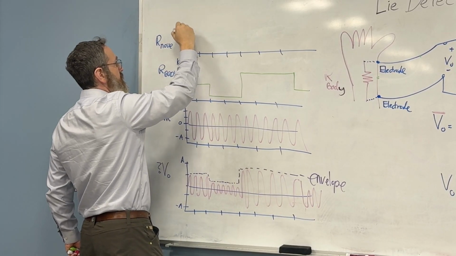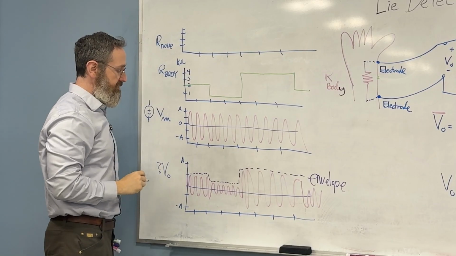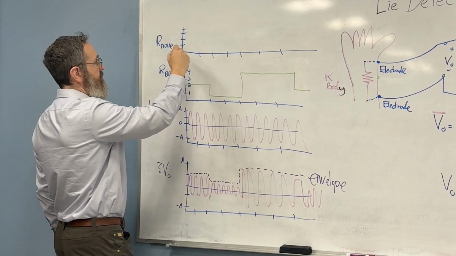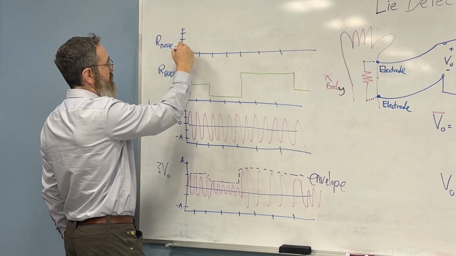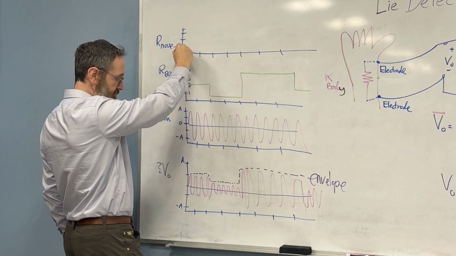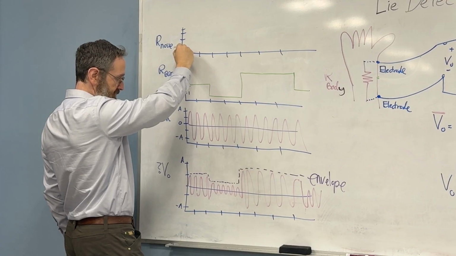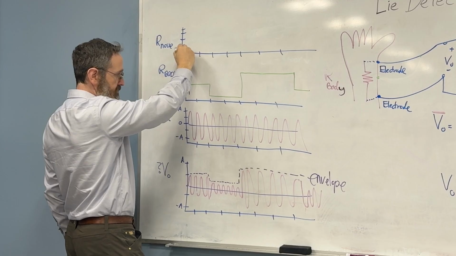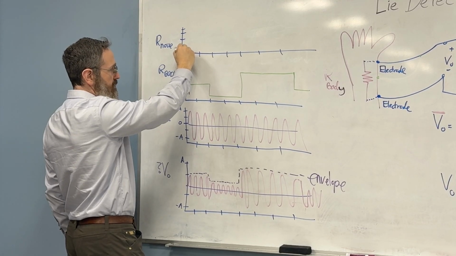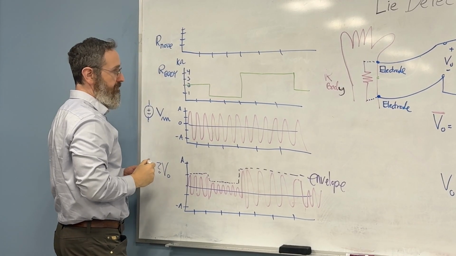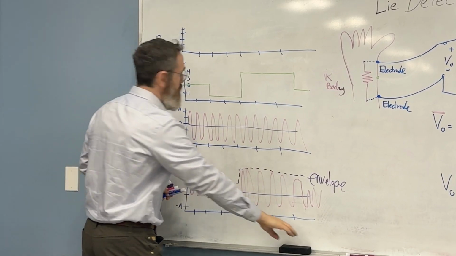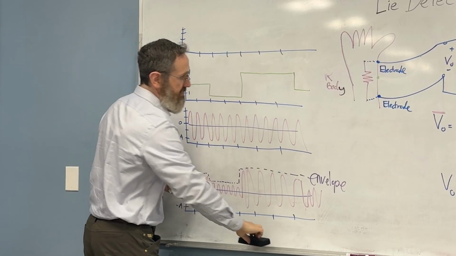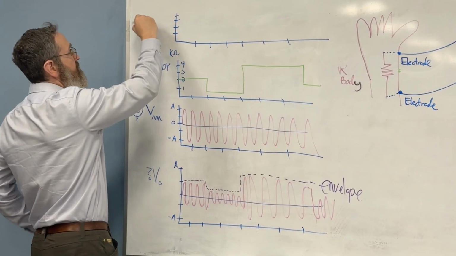And I'm just going to throw it into some arbitrary units. And I'm going to say that the R noise is, let's say, it starts off as nothing. And then it... I'm going to call it actually, and I'll justify this in a second, I'm going to call this V noise.